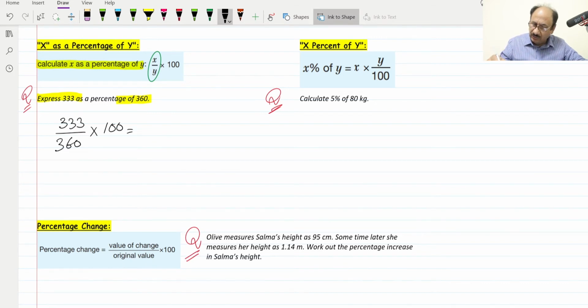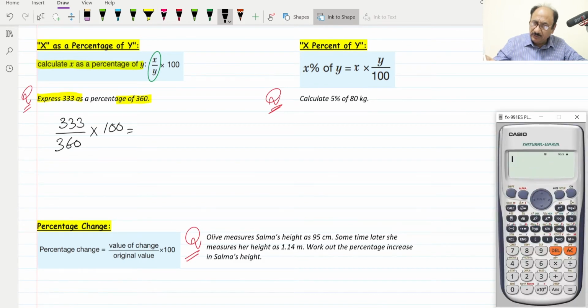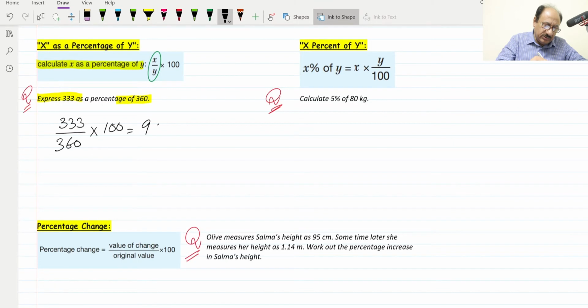So 333 over 360 multiplied by 100 will be equal to 92.5. So 92.5 will be the answer.